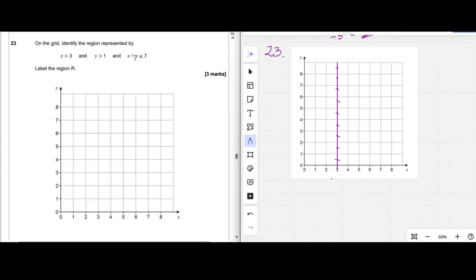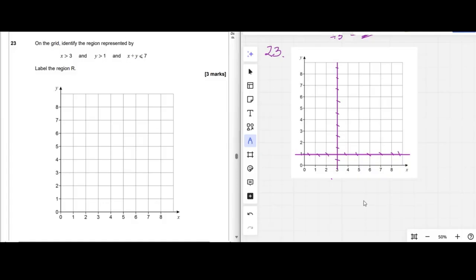y more than 1. So y equals 1 is there. And again, there is a greater. So we need to dot it. So exclude that line.